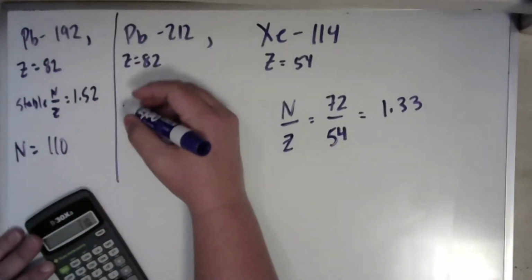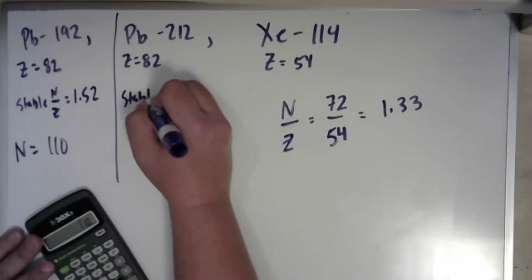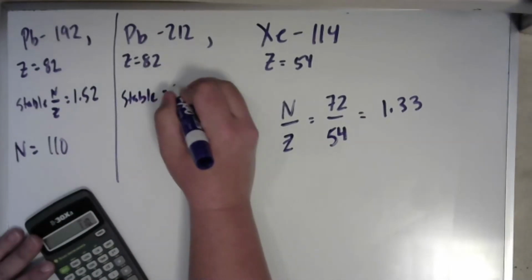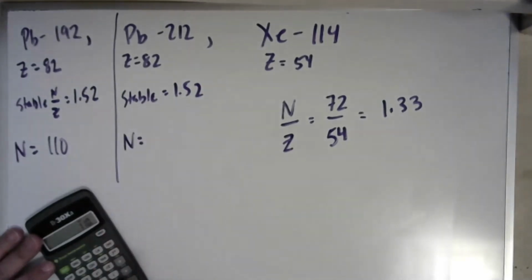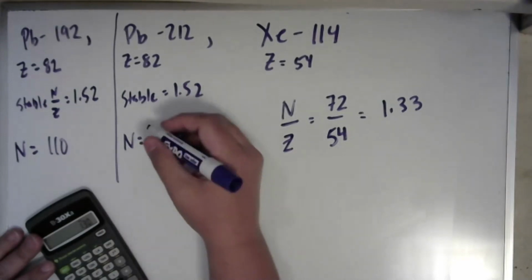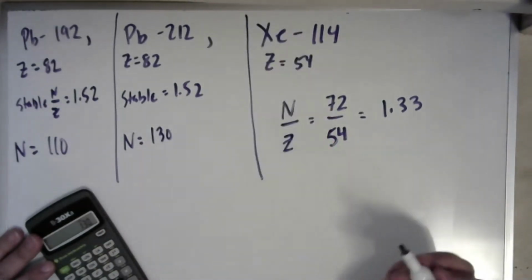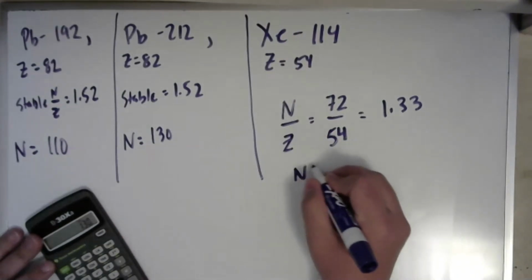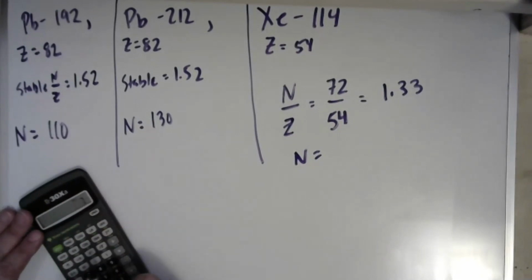For our lead-212, we're still going to have that stable region of around 1.5 something, and our neutron count here is going to be 212 minus 82. And our neutron value for the xenon is 114 minus 54.